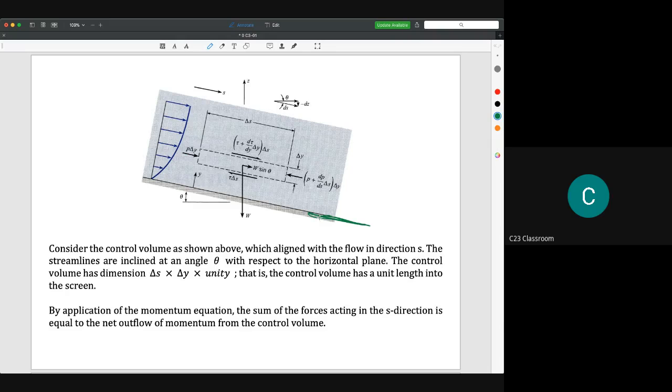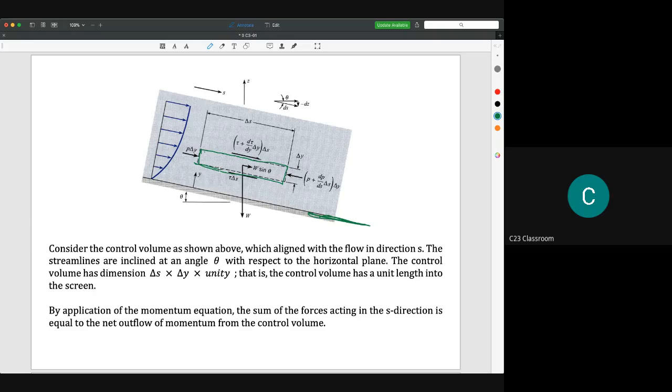When we cut a small element like this one, we need to create a free body diagram. I think you already know about this one. The idea is first we must write all the forces that act on that element.